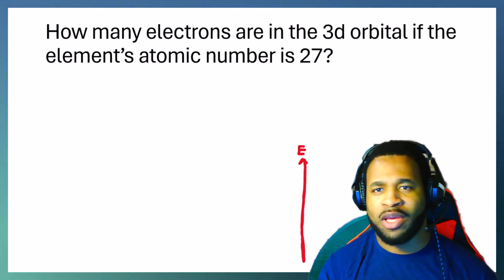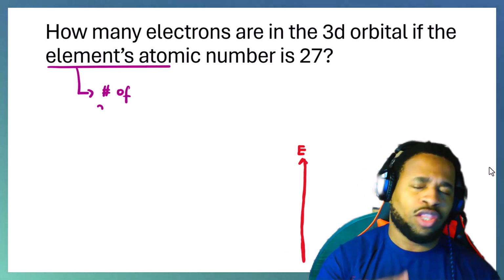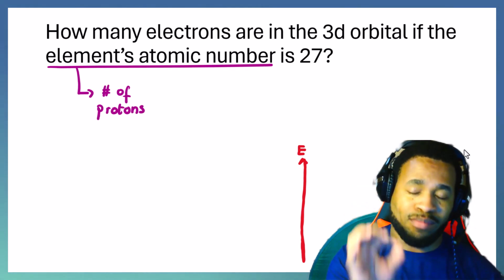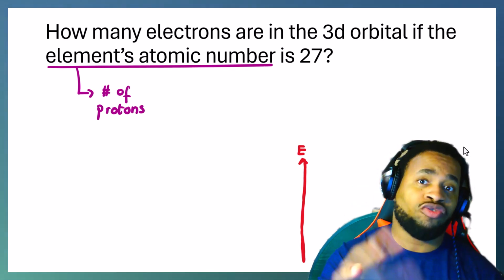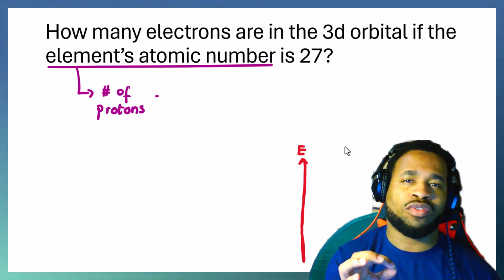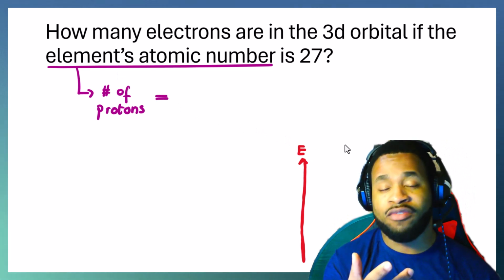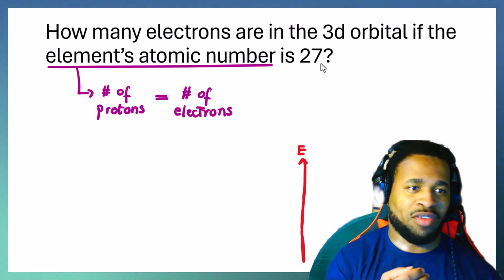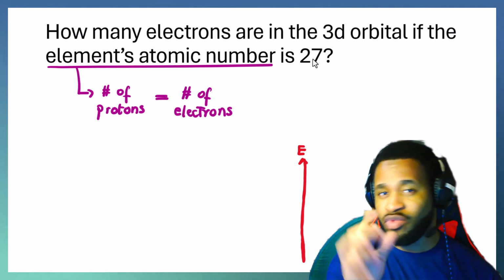We know the atomic number is the number of protons, and for a neutral atom, this must be equal to the number of what? Electrons.